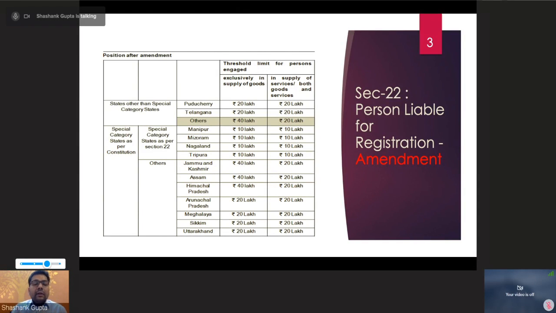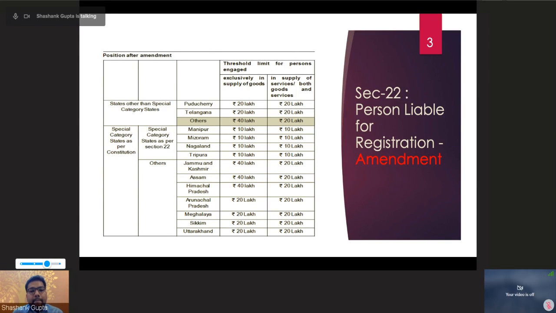If the turnover limit is crossed, then that taxpayer is required to obtain registration under GST. If the turnover limit is not crossed, then the person generally is not required to obtain registration under GST.